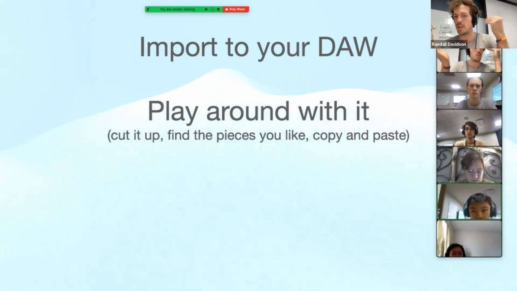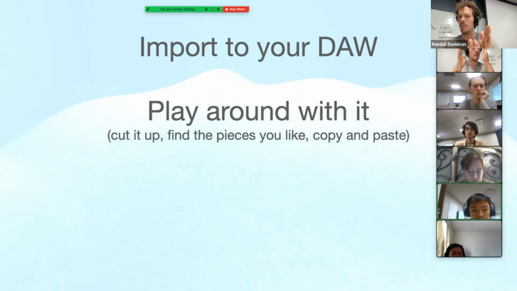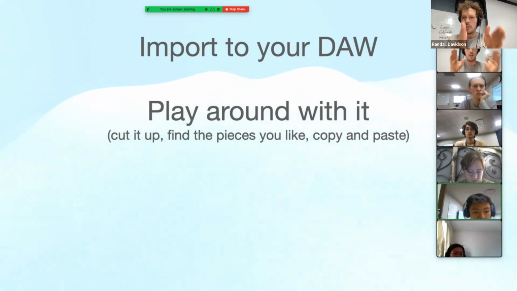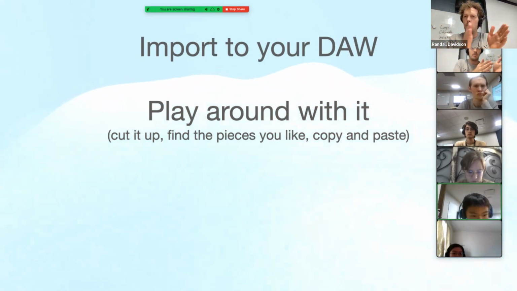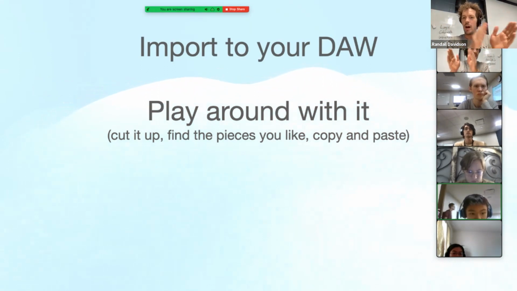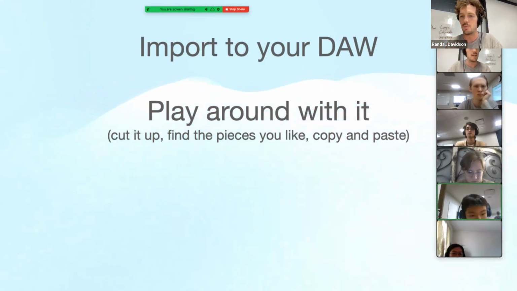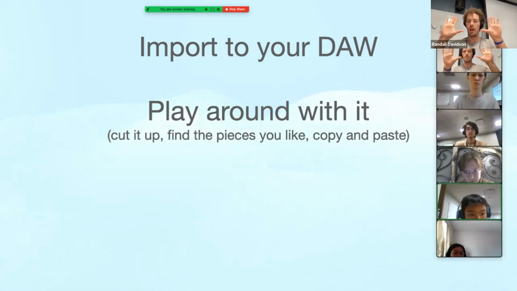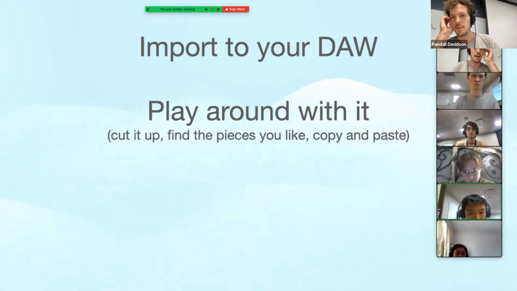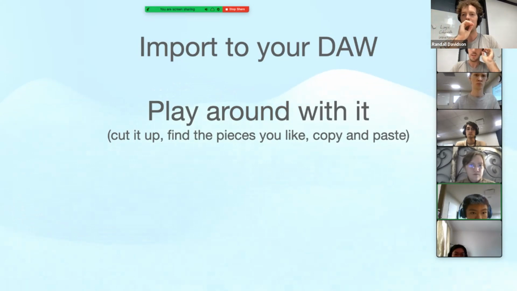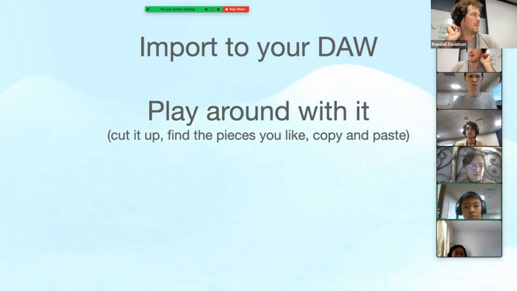You can ask me questions, but see if you can chop it up and cut it into different cool spots that you like. Maybe copy and paste it a bunch of times to create a rhythm or something. Move it around. Just get used to putting audio into your software and moving it around and doing whatever you want with it. Okay, so go ahead and start doing that.